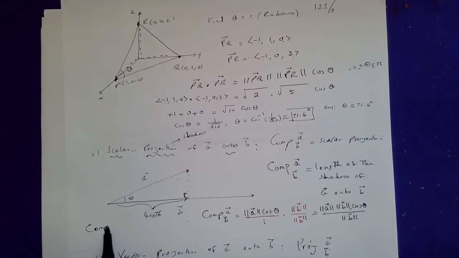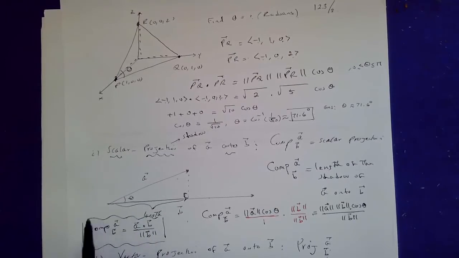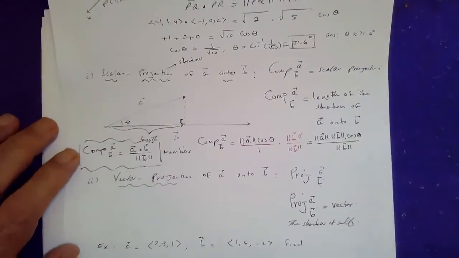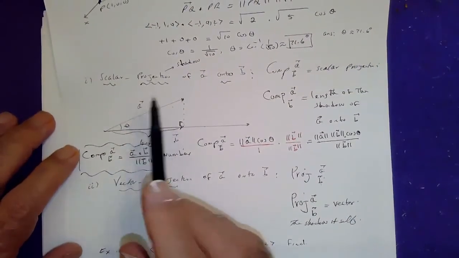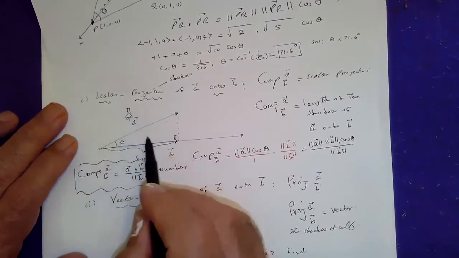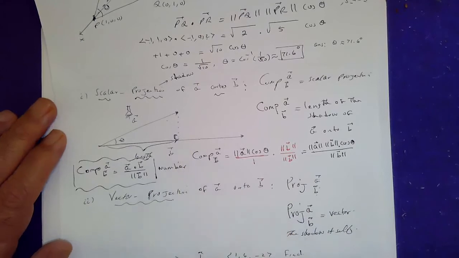The scalar projection of A onto B is A dot B over the magnitude of B. So you want to make a note of this formula, which gives a number. So this is like the length of the shadow, if you shine a light here and you see the shadow of vector A onto vector B.